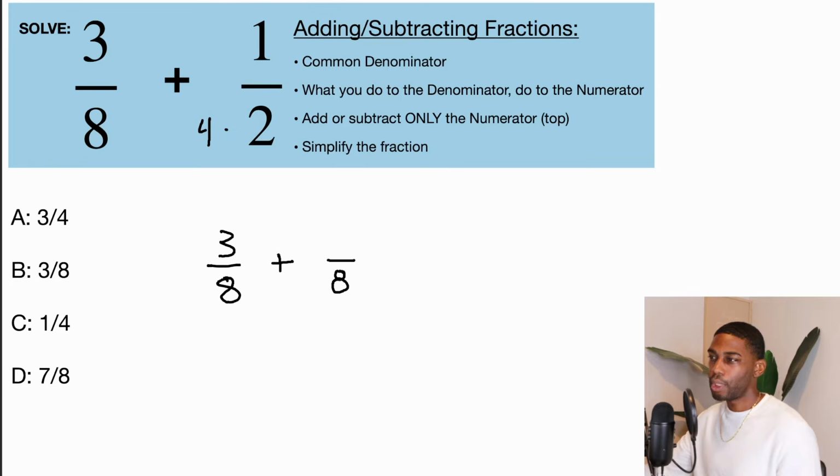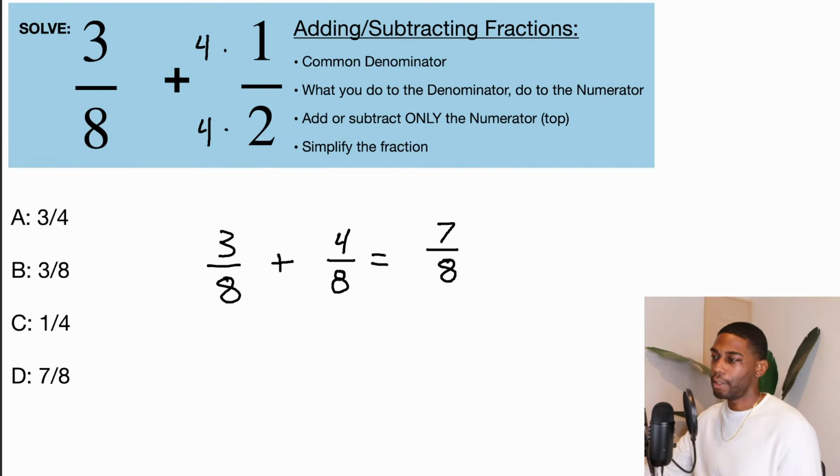And then whatever we did to the denominator, we have to do to the numerator as well. So we have to multiply the top by 4 also. 4 times 1, we know is 4. And now we can add going across. 3 plus 4, we know is 7. And the denominator of 8 stays the same.